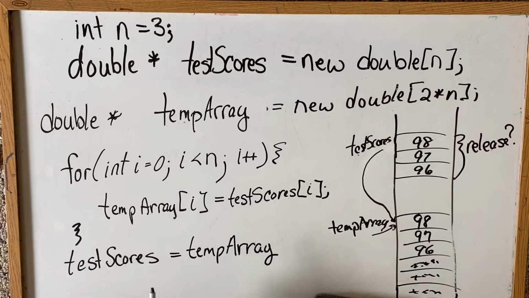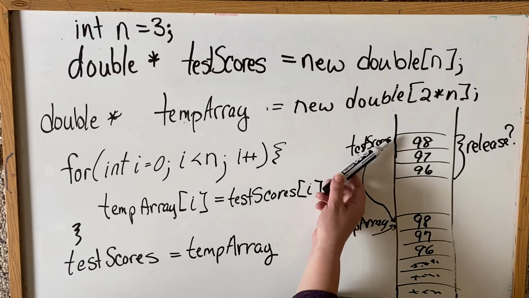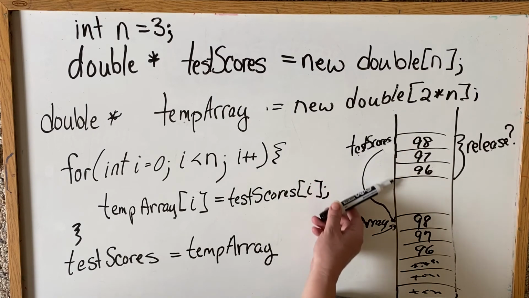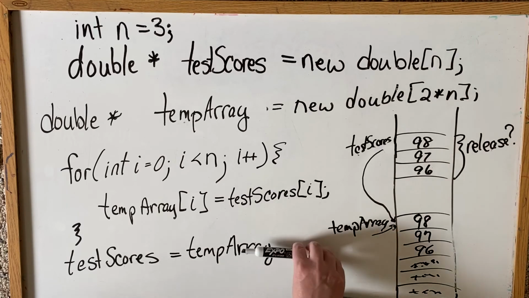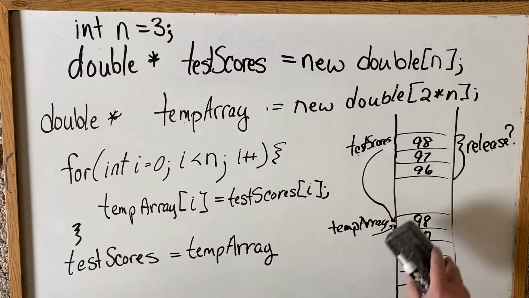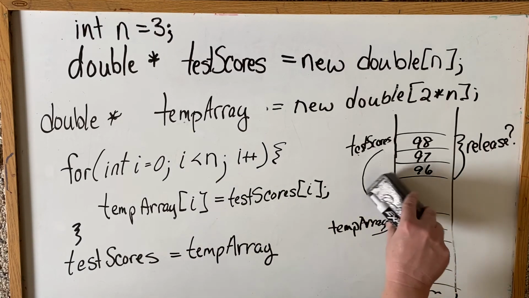And what happens is when you forget to release your memory, it keeps growing and growing and growing, and if your program runs long enough, you run out of memory and your program crashes. So we have to release this memory. But we only know where that memory is prior to reassigning our test scores arrow.